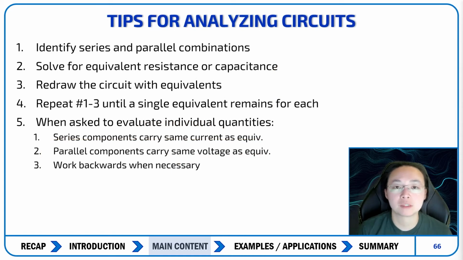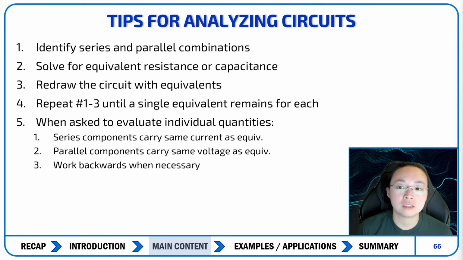So what are some tips for analyzing circuits? First, we take a look at series and parallel combinations. We're going to solve for equivalent resistance or capacitance. We have to redraw the circuit with equivalents and then repeat steps 1 to 3 until a single equivalent remains for each of the resistors and capacitors.